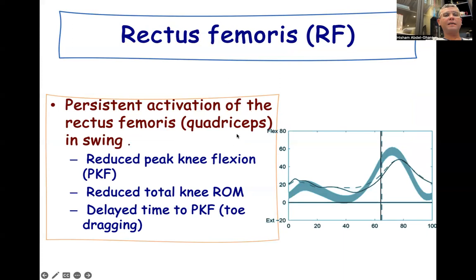And it is characteristic to find reduced peak knee flexion. The knee flexion during the swing phase should be around 40 to 50 degrees, then it is low.